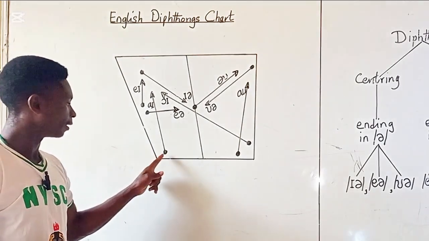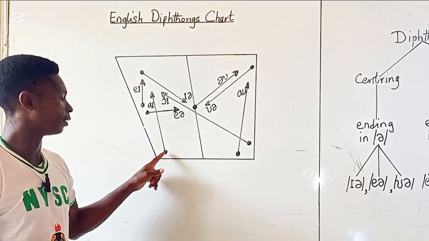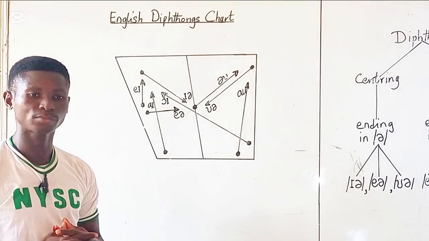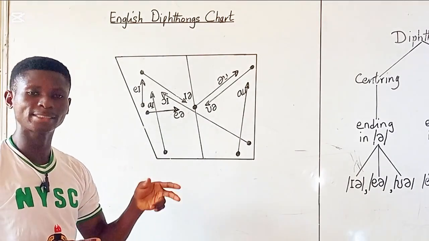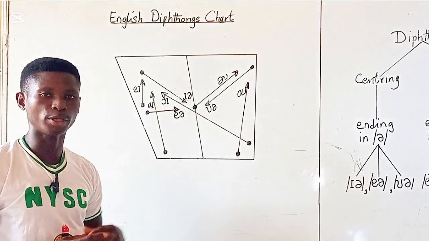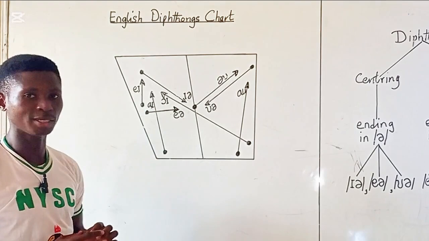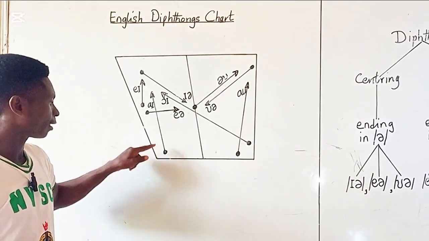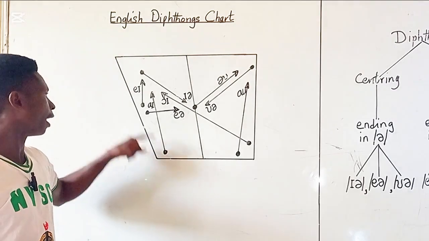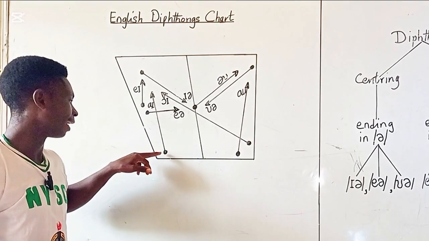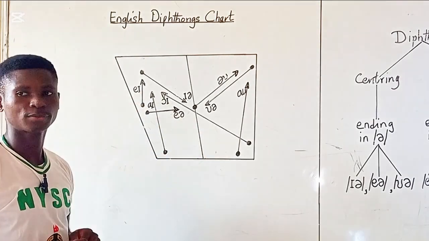When you know the sound that begins from this point, you then know the direction of the arrow, because the arrow indicates the end point, whereas this dot indicates the beginning. So knowing that this is where we have the dot and we have the arrow up here, you know that the sound glides from here to here.